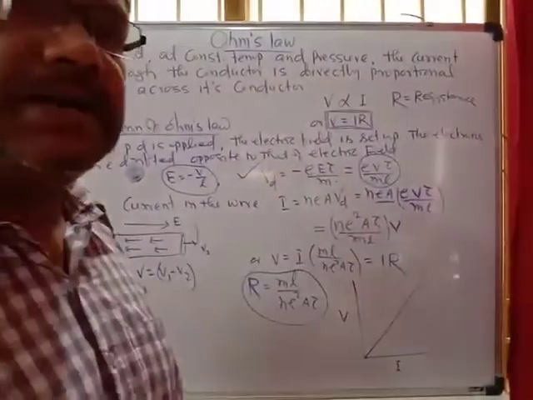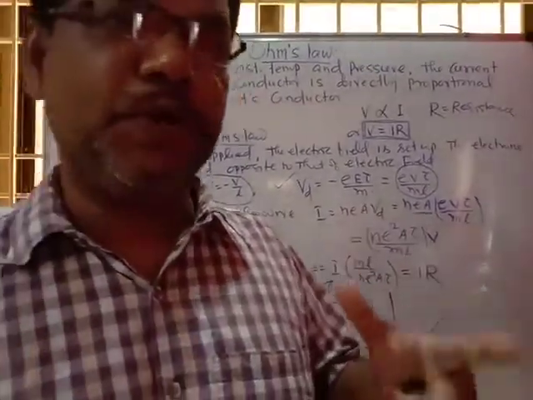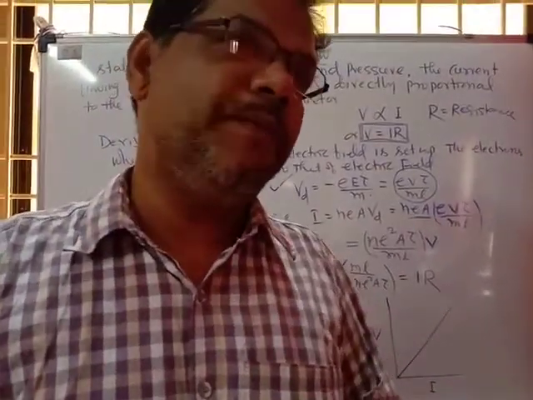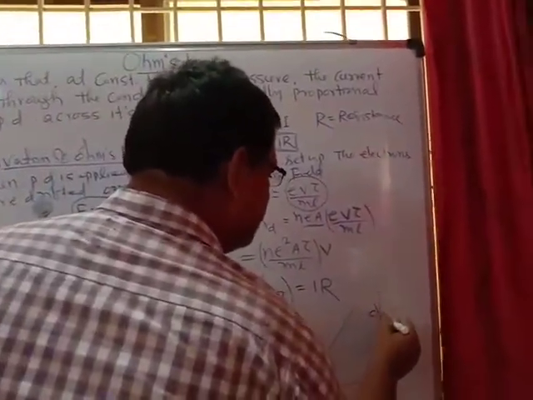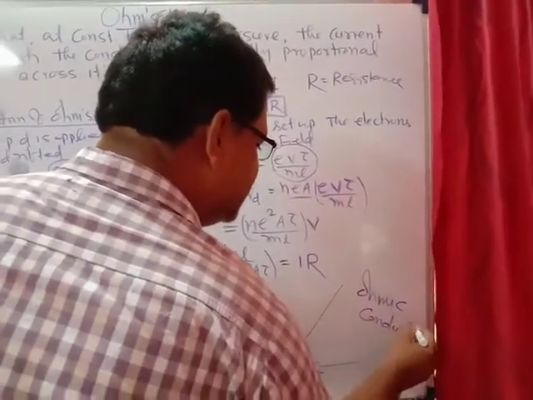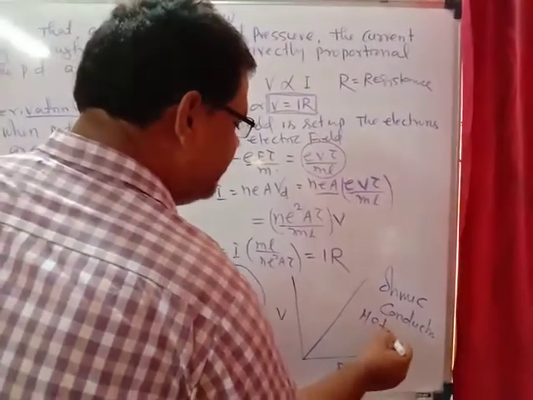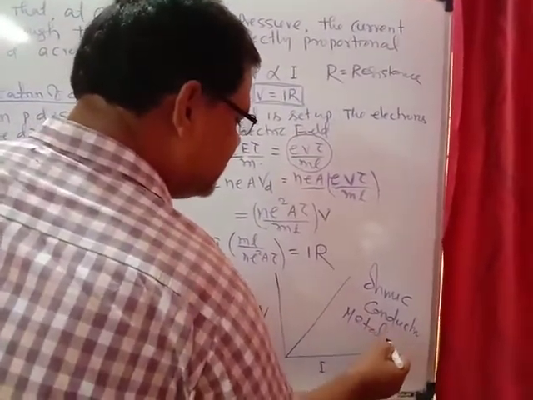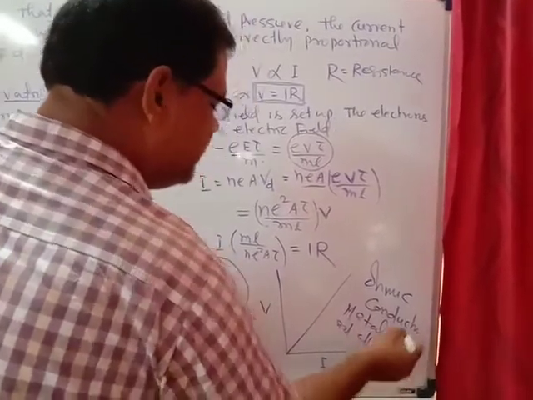An ohmic conductor means the conductor, the metal or the material, which follows Ohm's law. Metals and alloys come into the ohmic conductor.